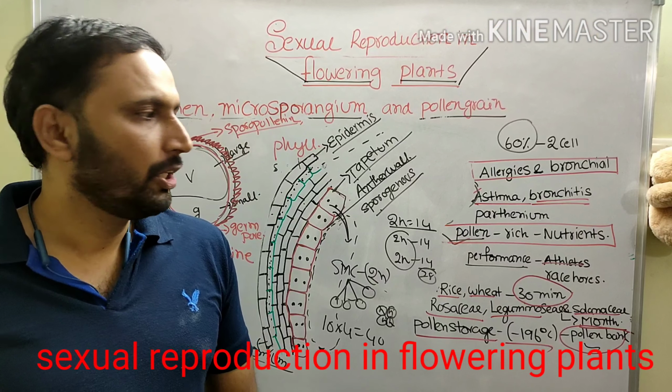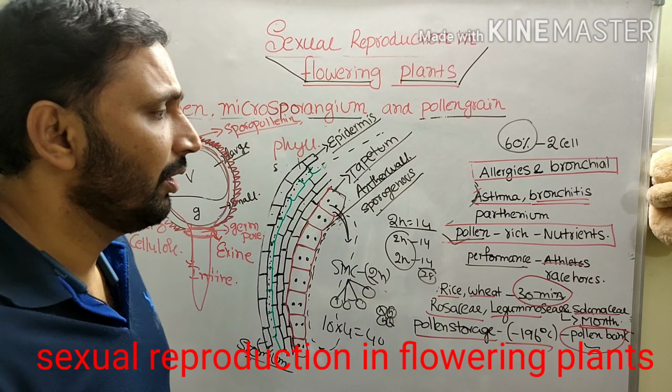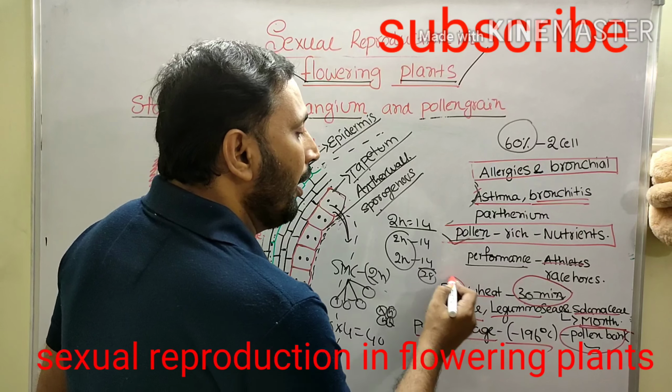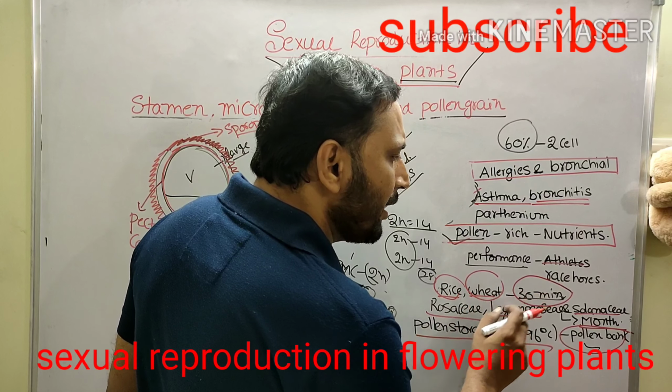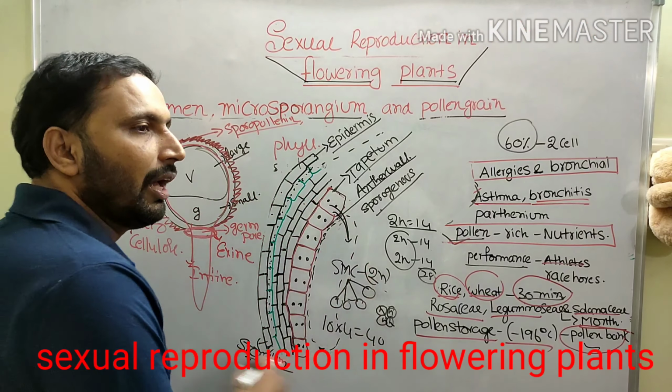Very, very important: these pollen grains survive for only 30 minutes after liberation in rice and wheat plants. Whereas in Rosaceae, Leguminosae and Solanaceae plants, they can survive for 1 month after liberation.